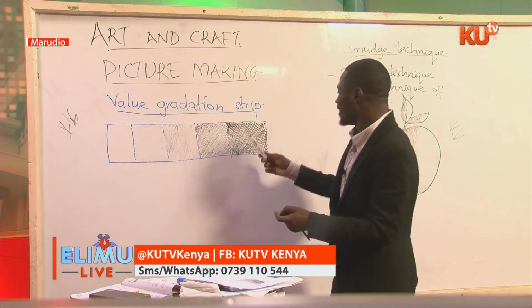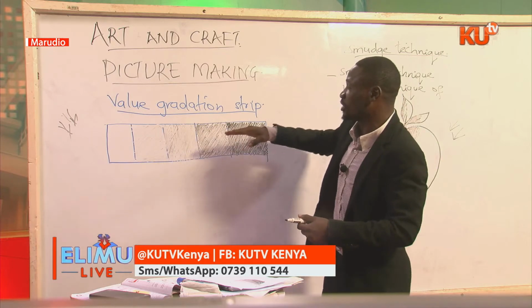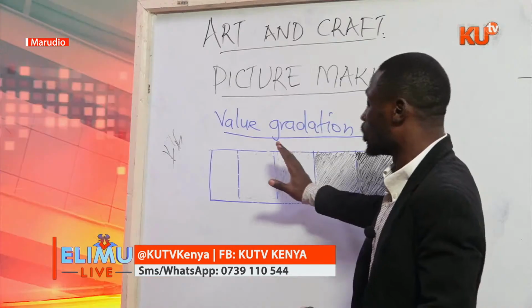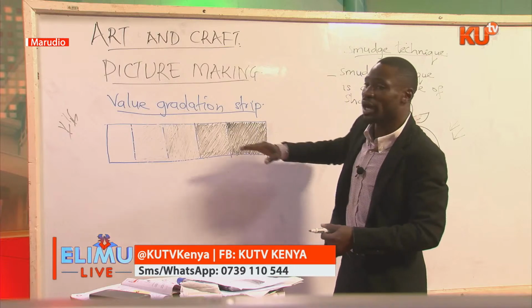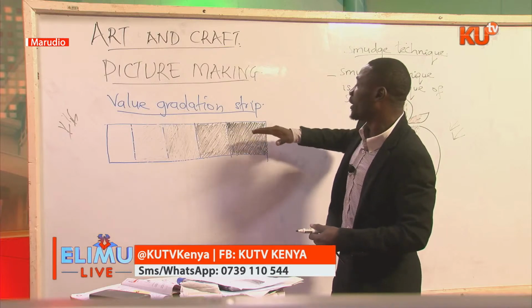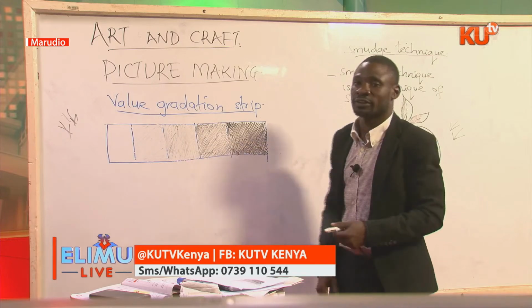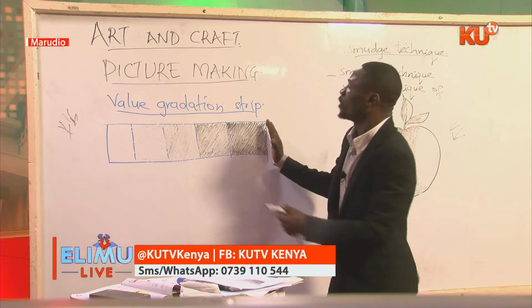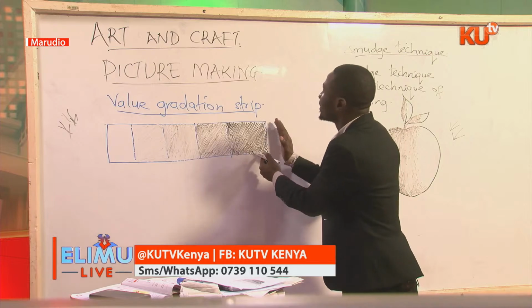Now, this is art and craft, and we are coming up with a value. We call it a value gradation strip, where shading has been arranged from the lightest to the darkest. So if, for example, this is an item, this part is the darkest.